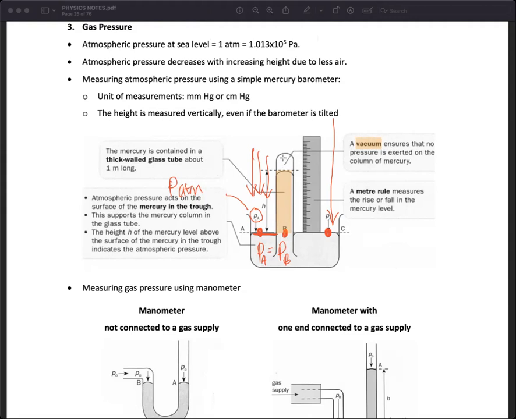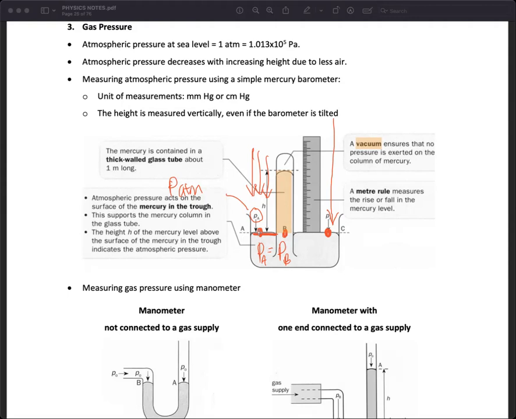Here is nothing at all. So all the pressure at B is due to the pressure of the liquid above it. Is that clear? So if I can measure the liquid above it, can I actually use that to determine the atmospheric pressure A here?